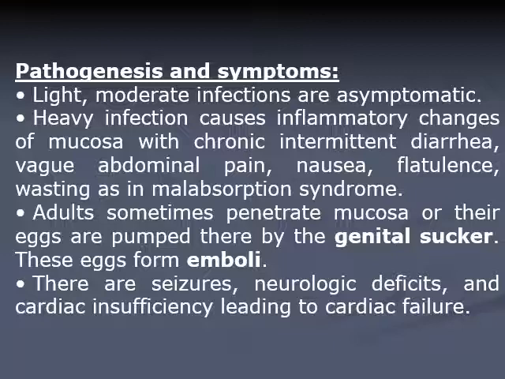There are seizures، يعني هيبقى فيه بالنسبة للنيورولوجيكال manifestations هيبقى فيه تشنجات, seizures, neurologic deficits or neurologic symptoms according to the place of lodgement. Also, there is cardiac insufficiency leading to heart failure.